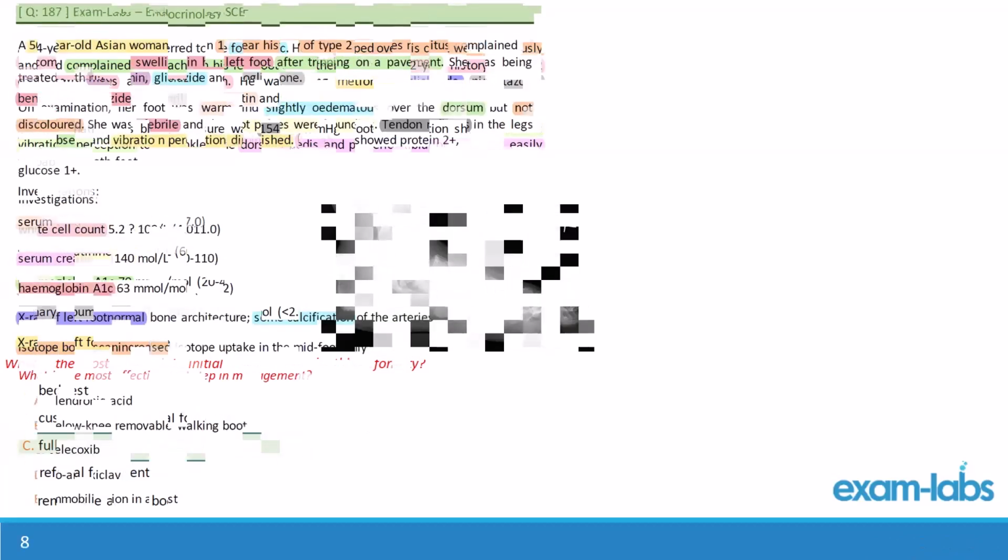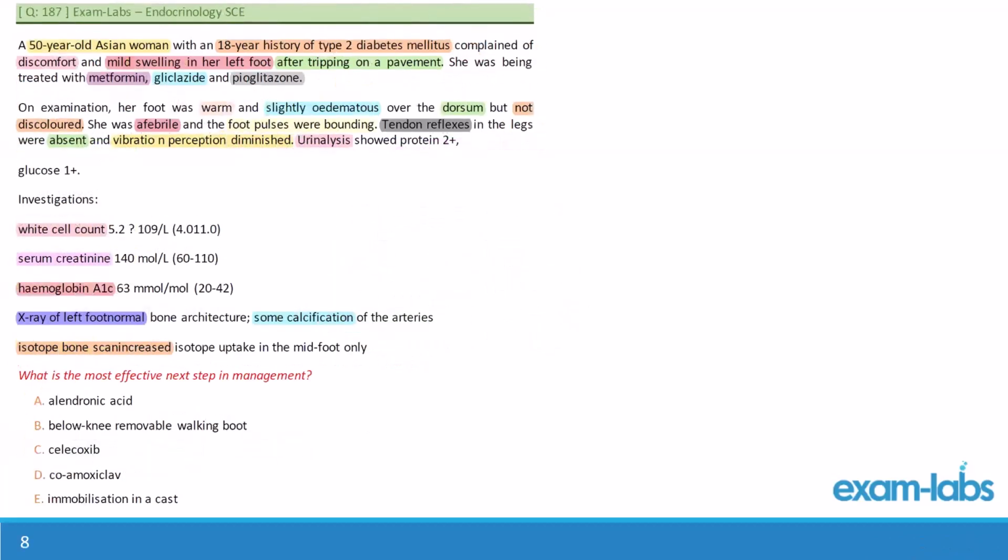Another question: a 50-year-old Asian woman, 18 years history of type 2 diabetes mellitus, with discomfort and mild swelling in the left foot after stepping on a pavement. Already on metformin, glycoside and glitazone. The foot is warm, slightly edematous over the dorsum but not discolored. The patient is afebrile. Foot pulses were pounding.